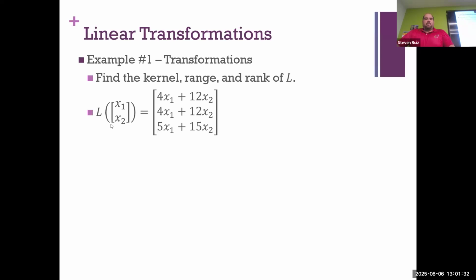It's the null space. So L is a transformation. Specifically, it's a linear transformation.